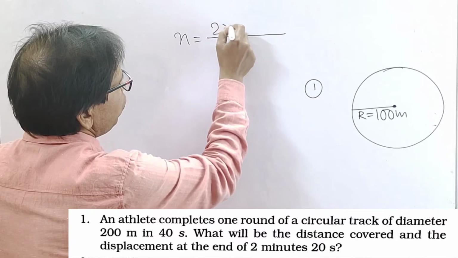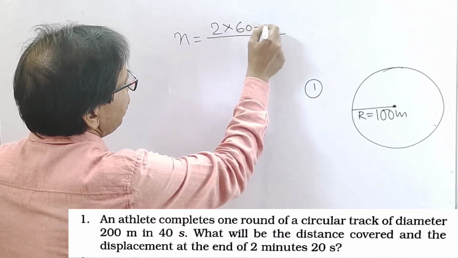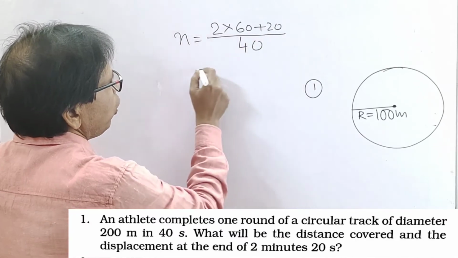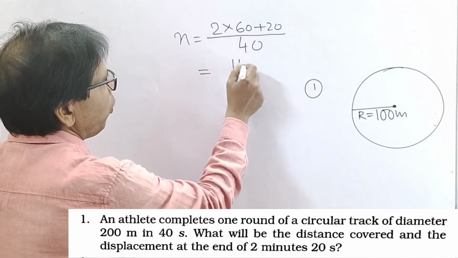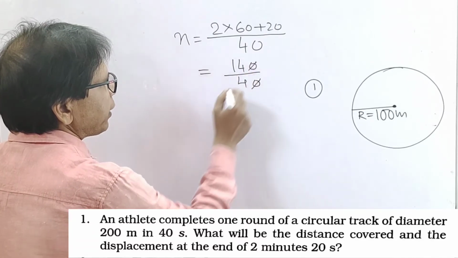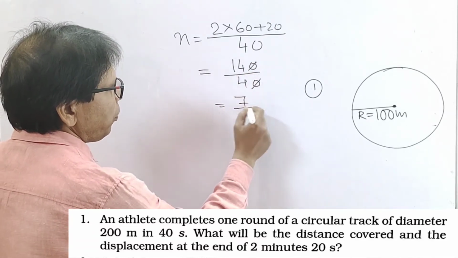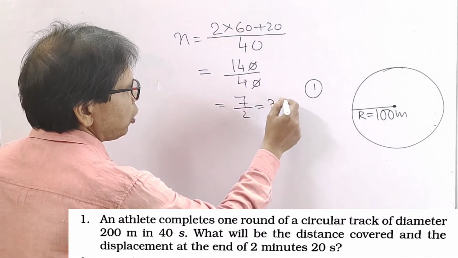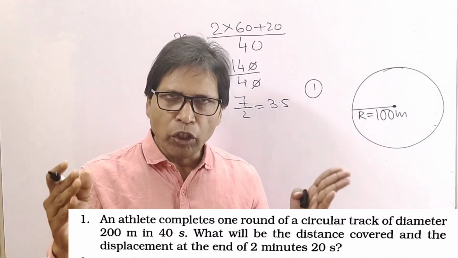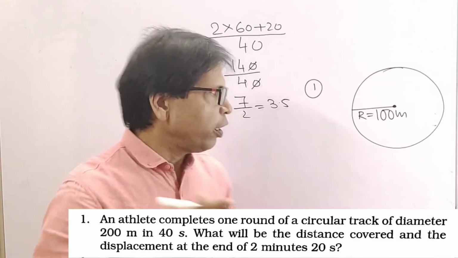So this is 2 into 60 plus 20 whole divided by 40. So this is 140 divided by 40. Now this and this cancel out. So this is 7 by 2, so this is 3.5. Therefore the athlete completes 3.5 revolutions.